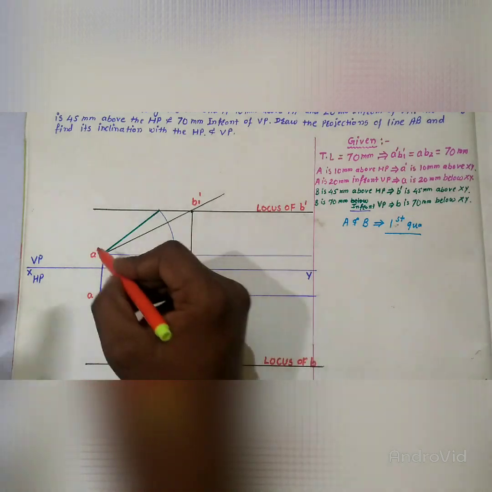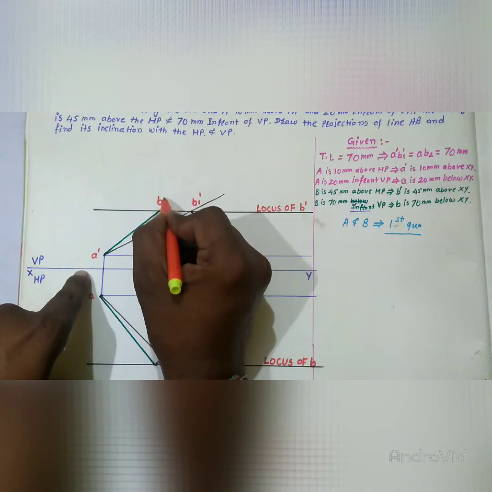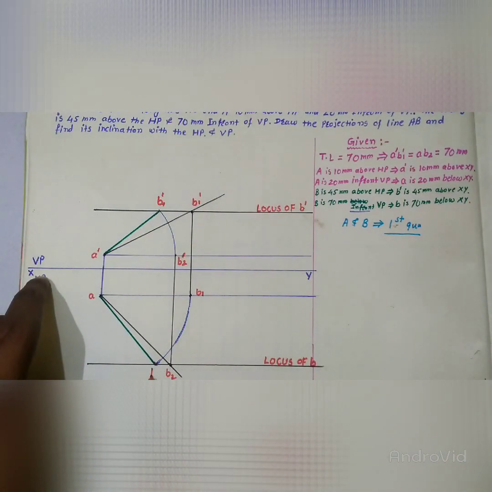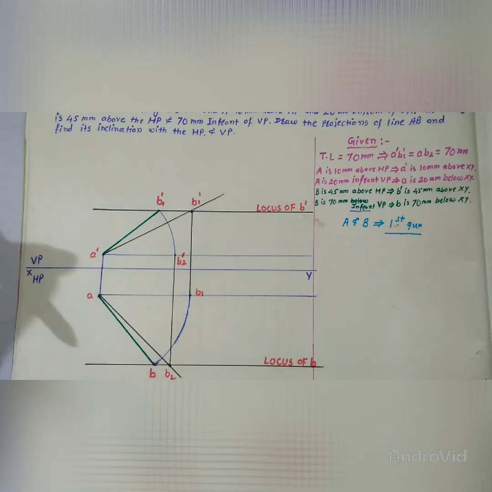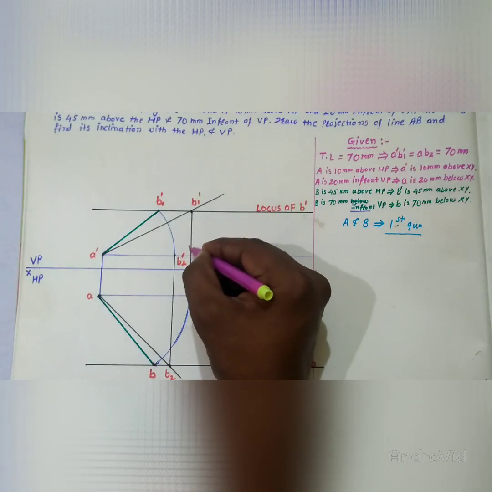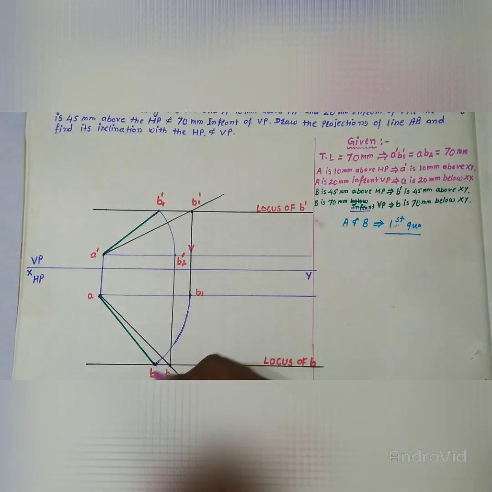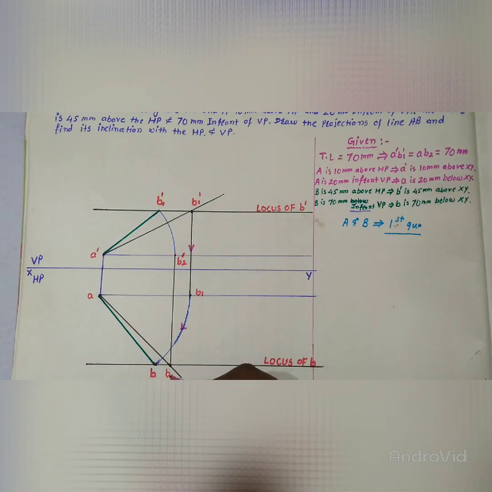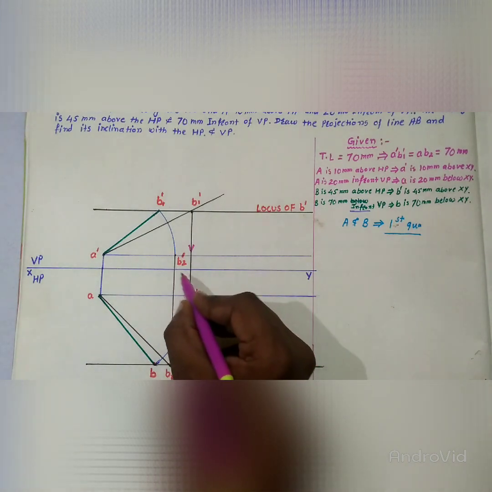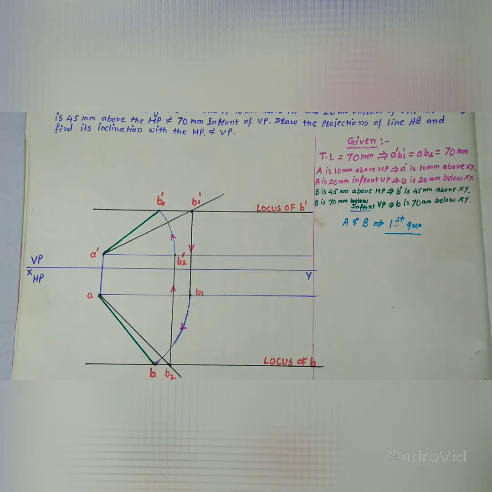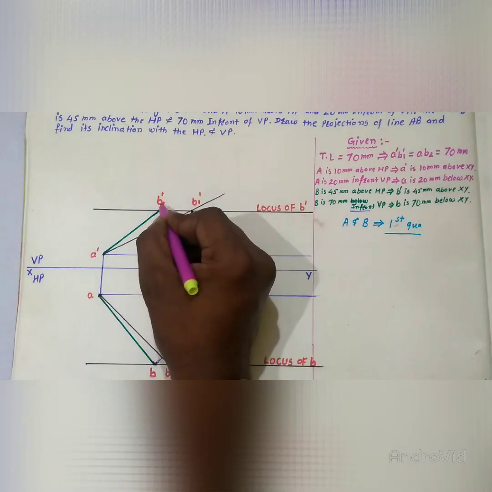So this is your B dash point, and this is your point B. In this problem we have moved B1 dash to B1 straight downward, and then from B1 to B by a curved arc. Similarly, from B2 to B2 dash by a straight line, and then by an arc towards B dash. So this is the B dash point.